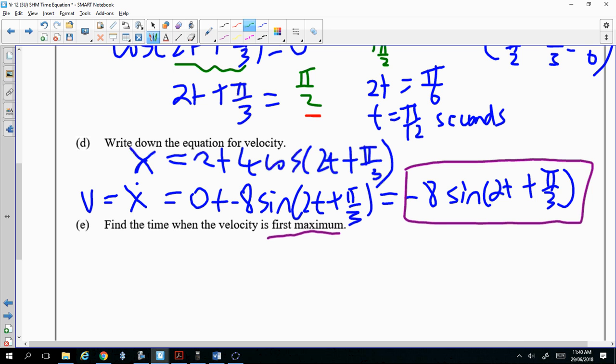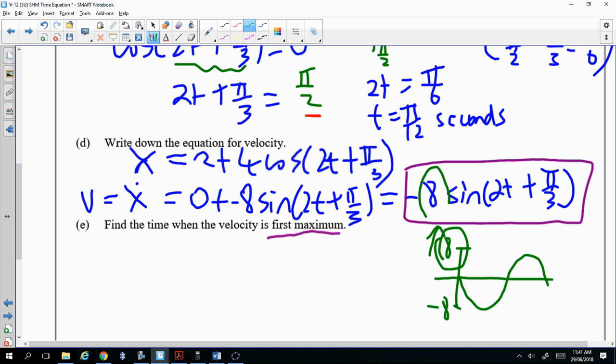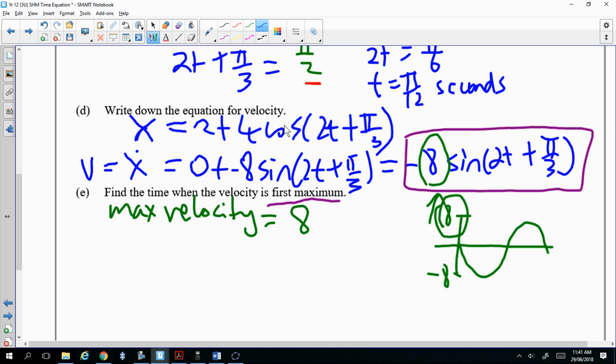You can find it from the equation, just 8. You don't have to do any special things. And then you're going to solve this equation: negative 8 sine(2t plus pi over 3) equals 8. And then just solve. So sine(2t plus pi over 3) equals negative 1.